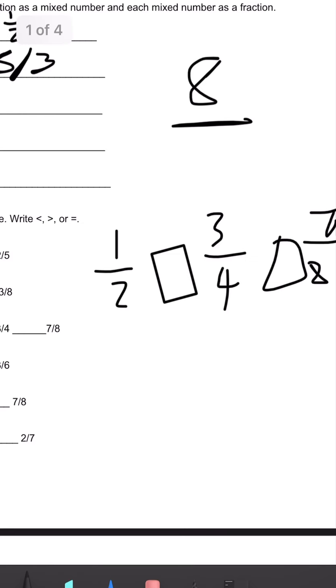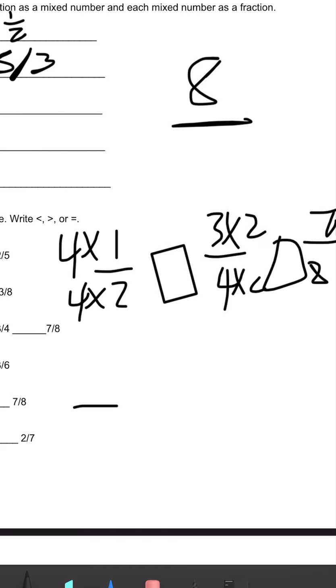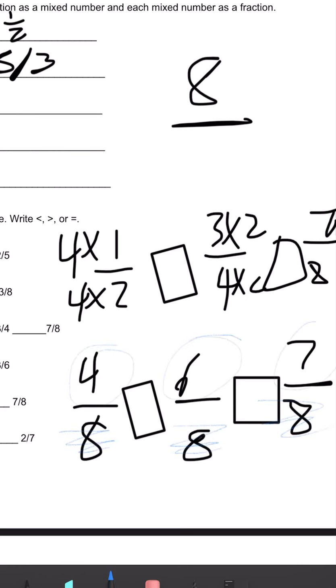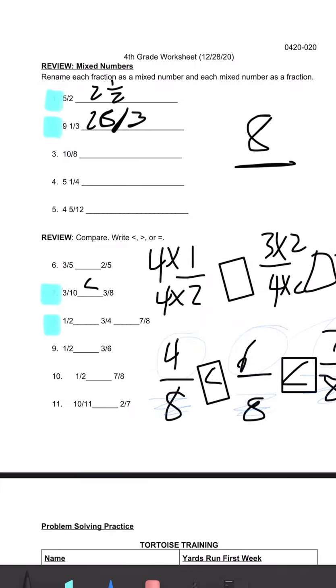So we will do 2 times 4, 4 times 2, and leave the last one as is. We have 6 on this one, and the last one is just 7/8. So we won't look at the denominators since they're all the same. And comparing these, we know that it's less than and also less than.